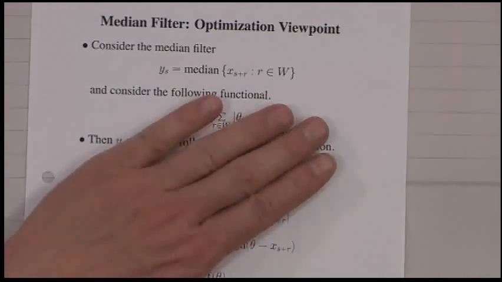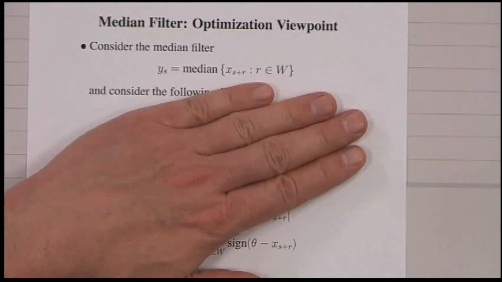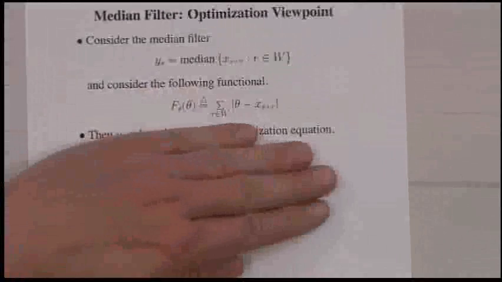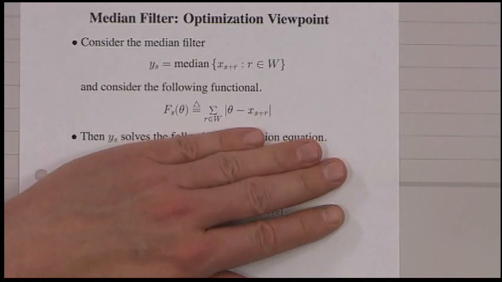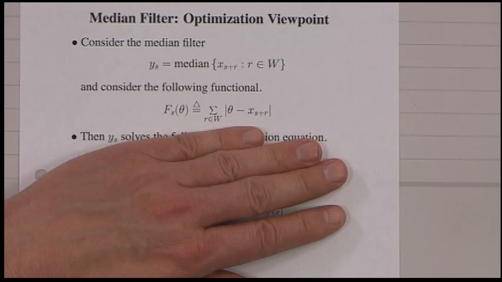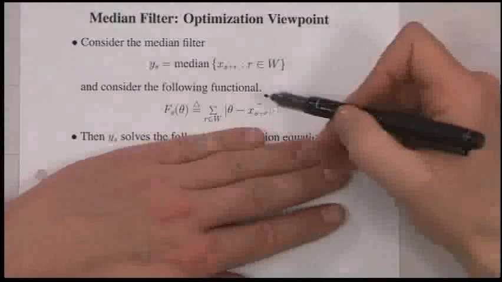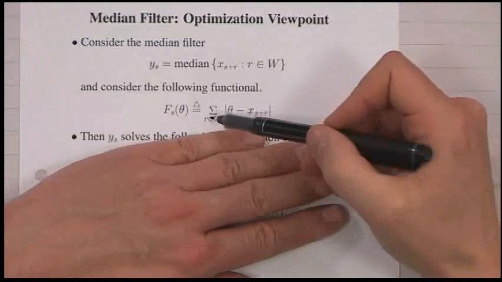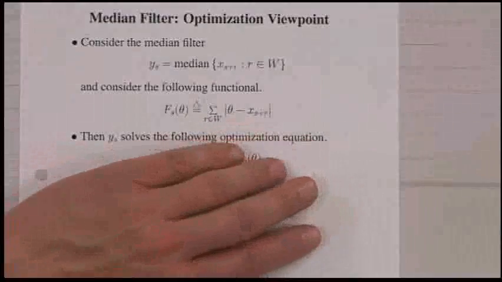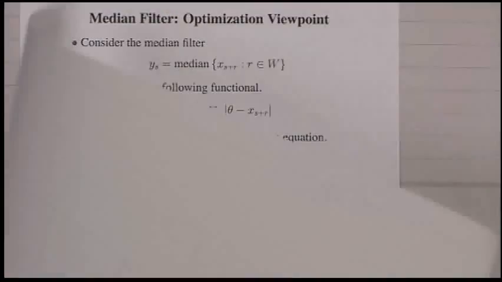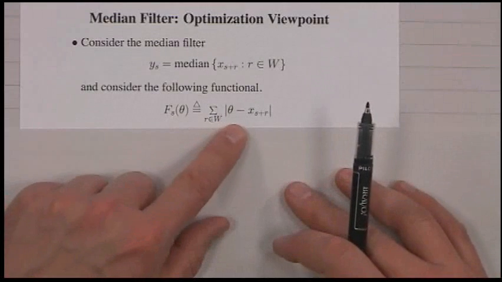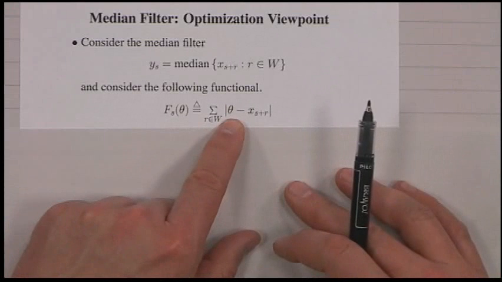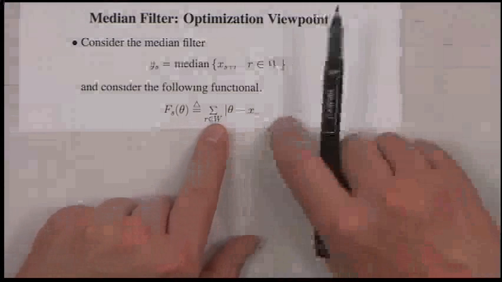One way of thinking about the median of a set of points is that you can introduce a function, and the function you can introduce is the absolute value function. So you take the difference between theta and all the points in the neighborhood of the pixel, summed over all of them, and you take the absolute value.